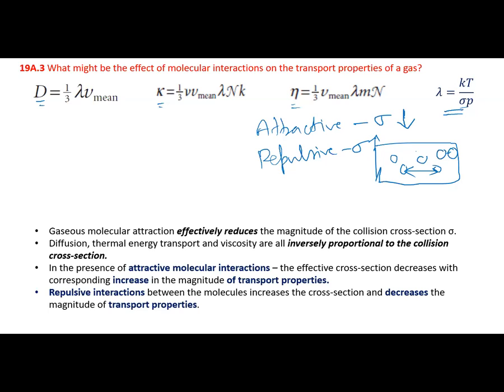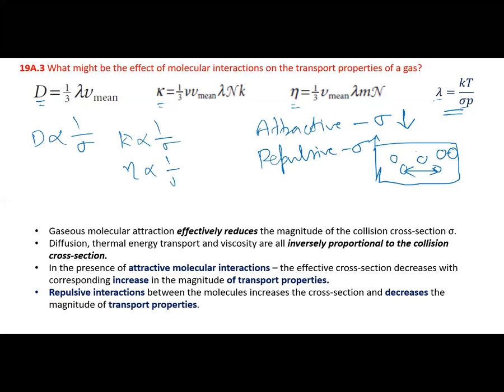So the sigma increases. If you substitute this lambda parameter into each of these equations, for D, kappa and eta, you can see that everything is inversely proportional to sigma. If there are attractive interactions between molecules, the sigma parameter goes down, so all of these transport properties increase with the attractive forces.